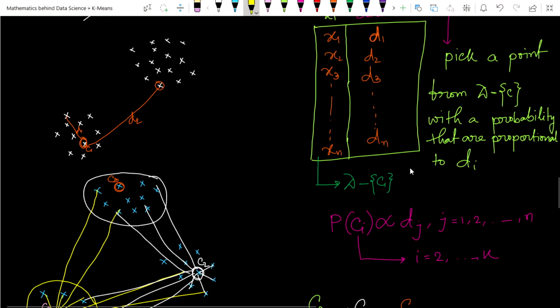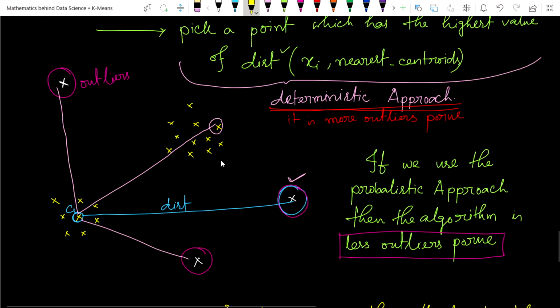We use the probability concept to avoid the outlier problem. If we use the deterministic concept, our algorithm is more prone to choose an outlier as a centroid.